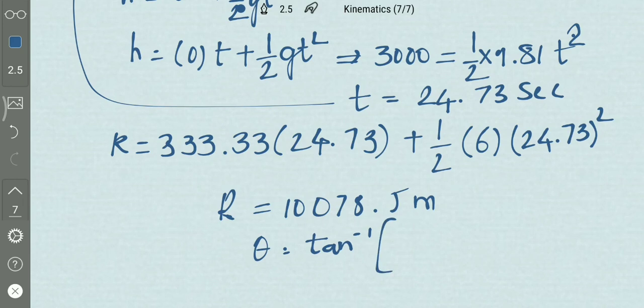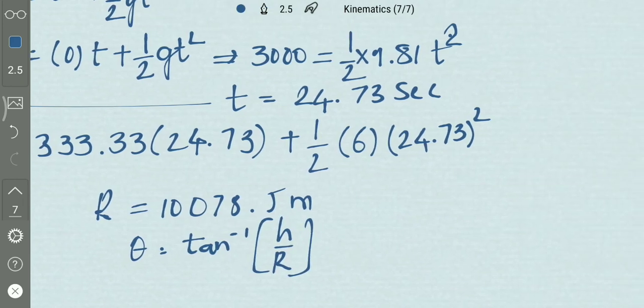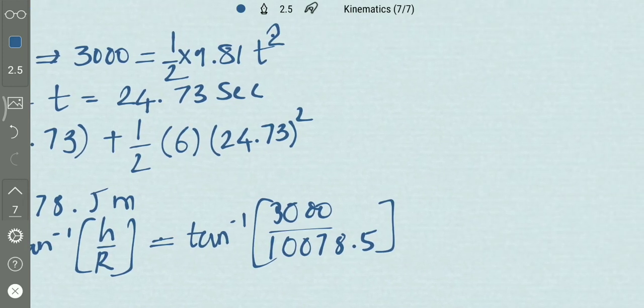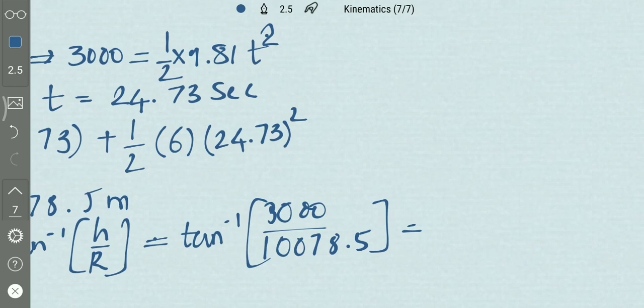Then theta will be tan inverse of h divided by R. So tan inverse of h, which is 3000 meters, divided by R, which is 10,078.5 meters. We get theta equal to 16.576 degrees.